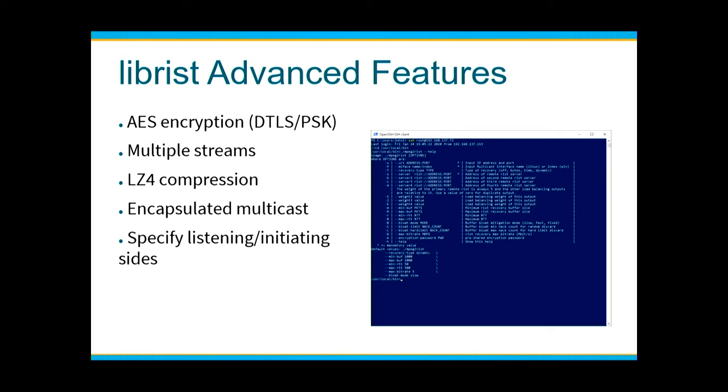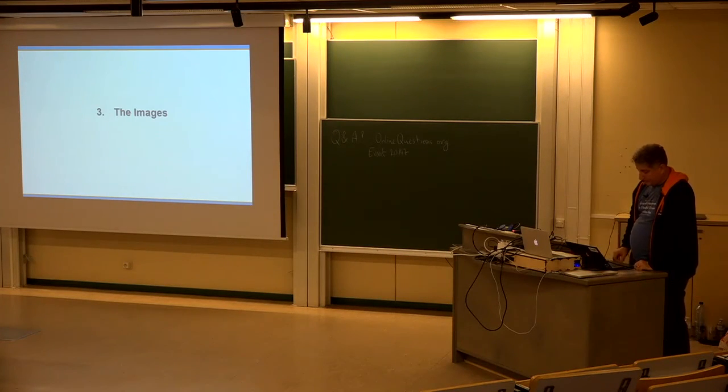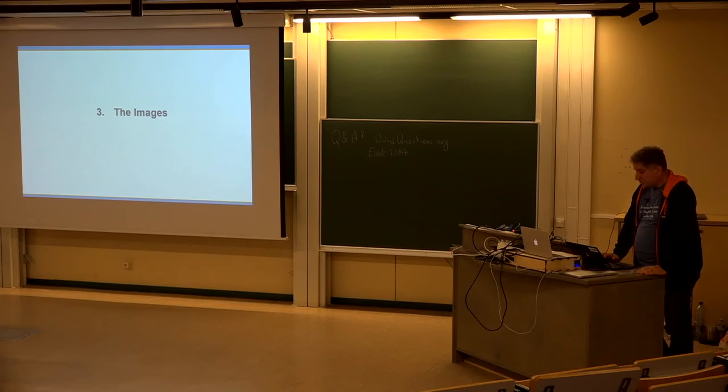We can encapsulate multicast, and now we can specify which side is going to initiate the connection independent of which side is sending the stream. All that is supported in the library for somebody that wants to implement advanced features. They're not part of the sample application that comes with it. It's very simplistic. So next, the virtual images. All right?